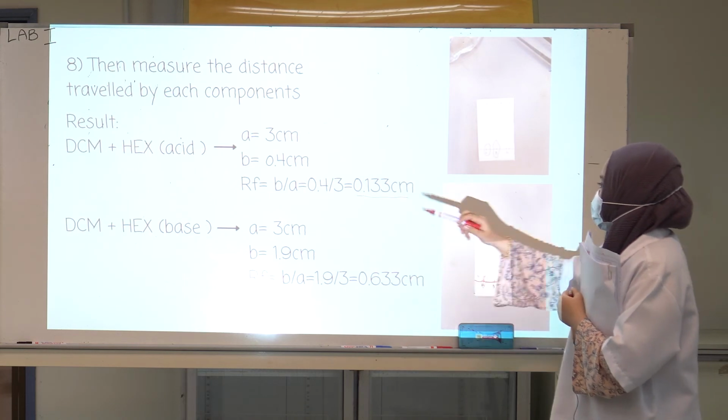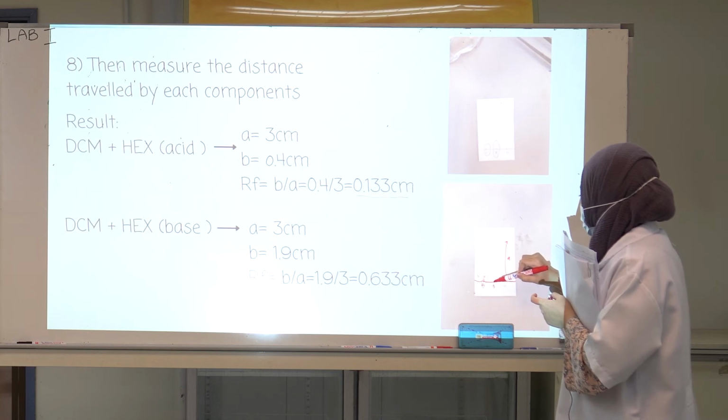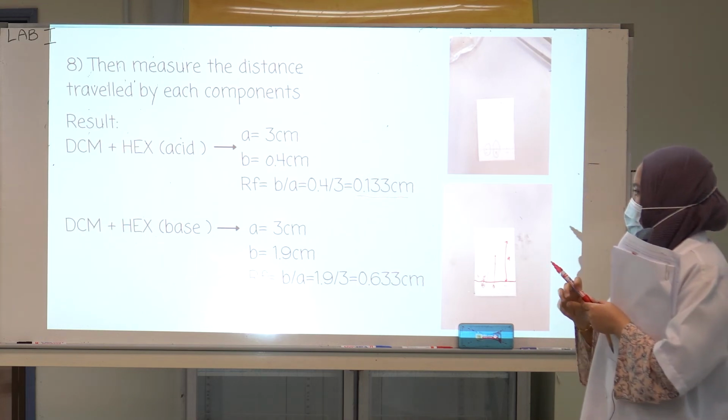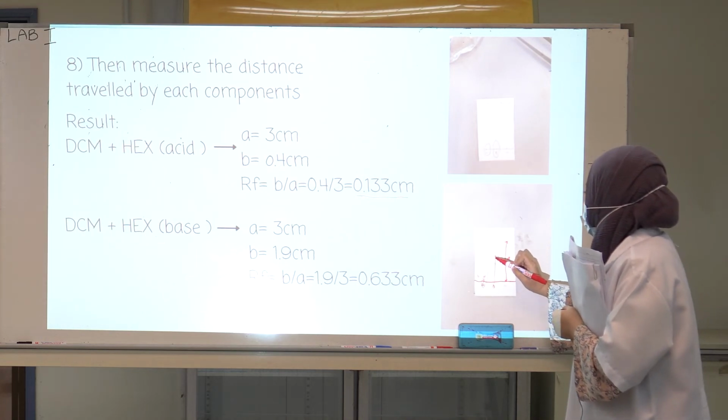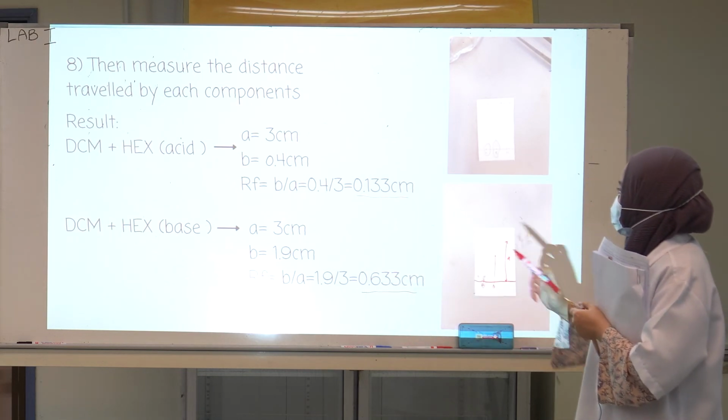Okay, next is DCM and hexane base. We do the same thing. Take the bottom until it reaches the middle of the base compound, and then we calculate and get this result. Okay, next.